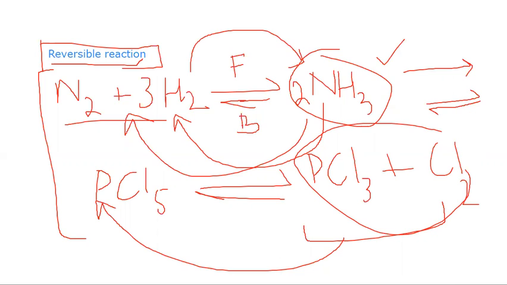Let's talk about the basic states of chemical equilibrium, how you can identify that this reaction is in chemical equilibrium. There are two basic states. One is the rate of two opposing reactions becomes equal.